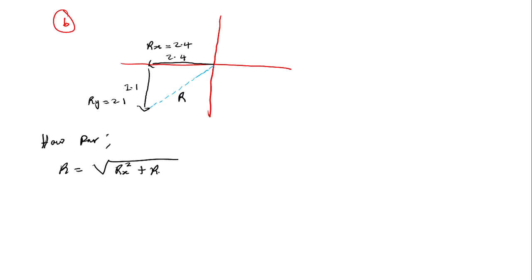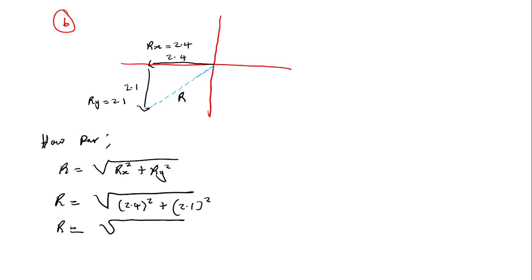So r is simply equal to the square root of 2.4 squared plus 2.1 squared. Can someone tell me what is 2.4 squared plus 2.1 squared?